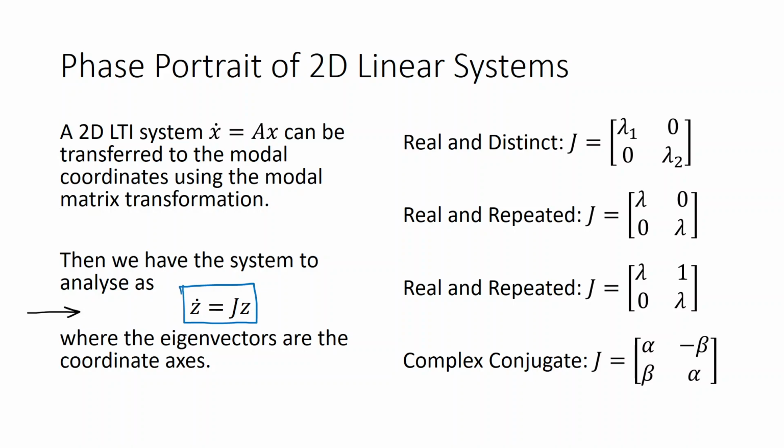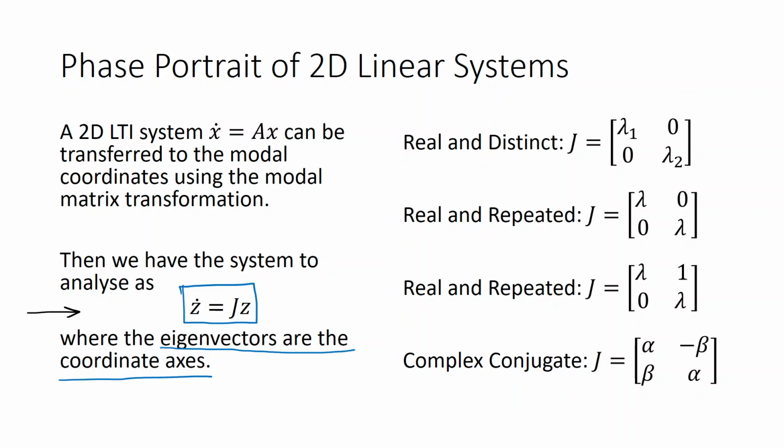So you diagonalize the system, or if there are repeated eigenvalues, you make the Jordan form of the system. Then you have the modal coordinates. What is meant by the modal coordinates? In the modal coordinates, the eigenvectors are the coordinate axes. This we have already seen and studied. So we come to the modal coordinates using the modal matrix transformation, and here we will analyze the phase portraits.